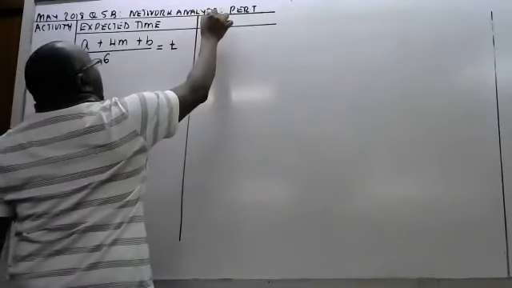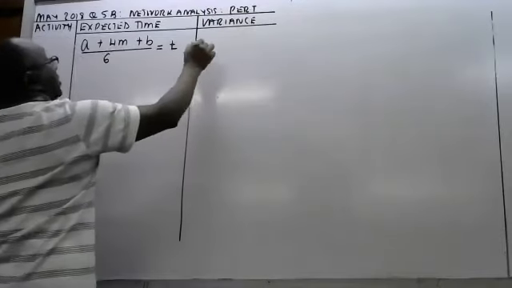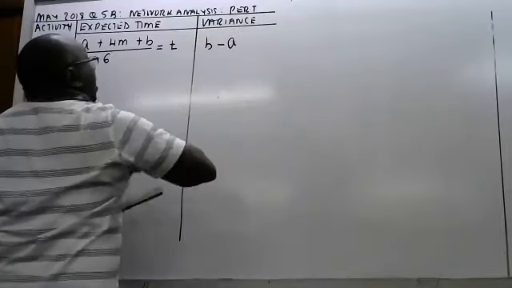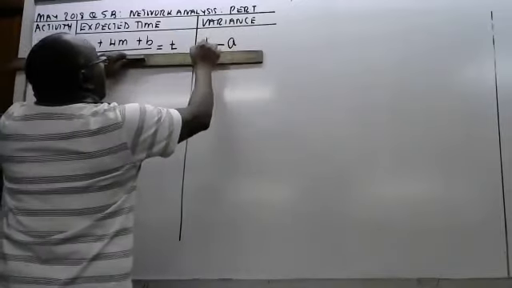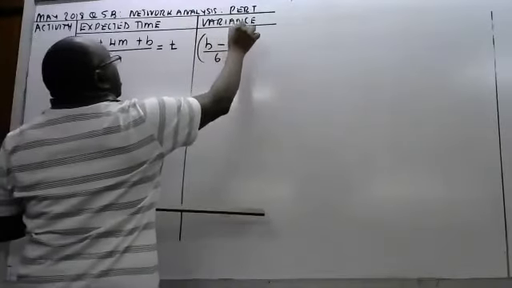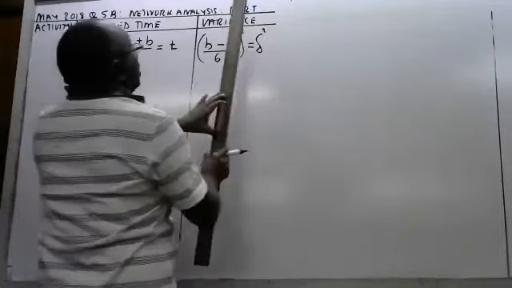Then we have variance. Variance is given as b minus a, you divide by 6, and that is delta squared.